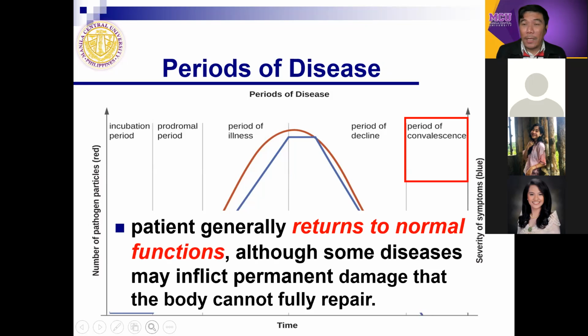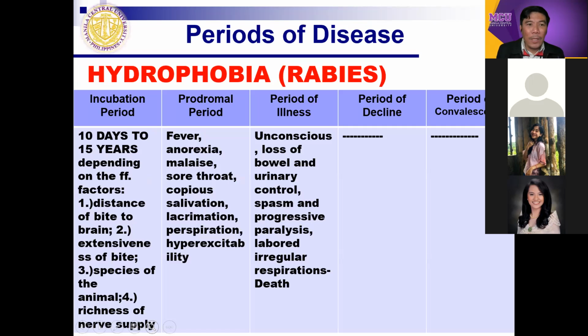If the patient completed antibiotics for 1 week as prescribed, that may be considered the period of convalescence. If there are no symptoms and signs, and the diagnostic exams are clear, the period of convalescence is the time when, if you are hospitalized, you will be cleared for discharge. That is evidence that the person reached the period of convalescence.